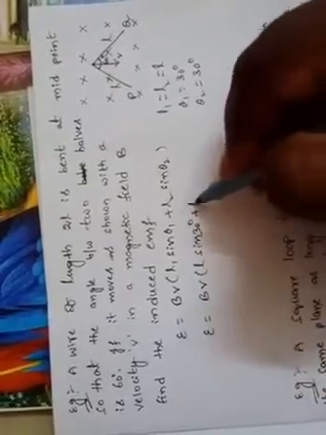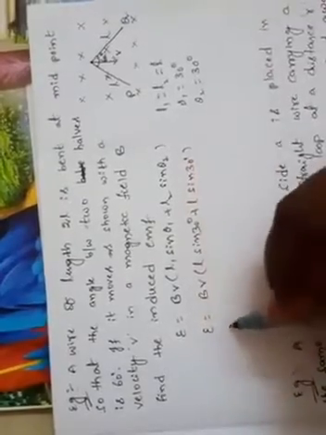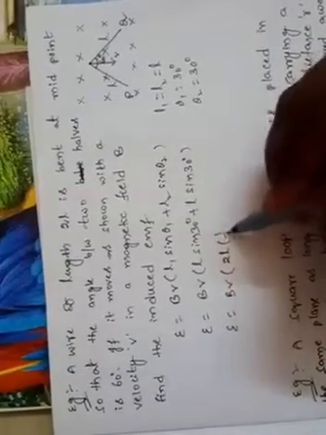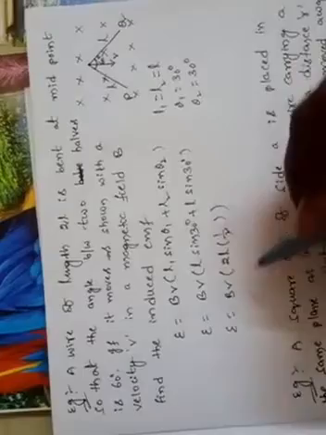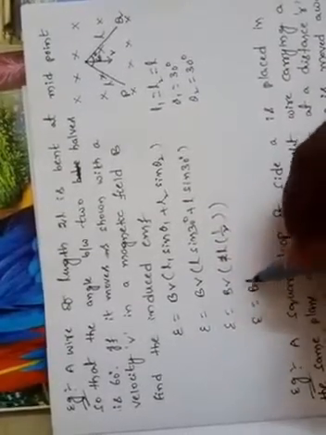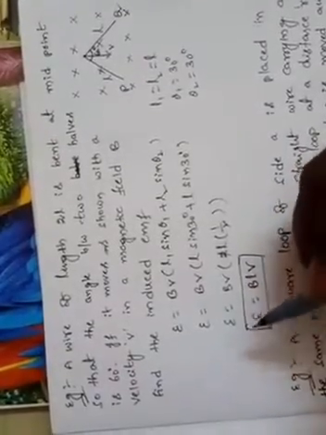EMF is equal to BV, L1 is L sin 30 plus L sin 30. So EMF is equal to BV, 2L sin 30, the value of sin 30 is 1 by 2, the 2 gets cancelled. Finally we got the induced EMF as BLV. So this is the answer for this given problem.